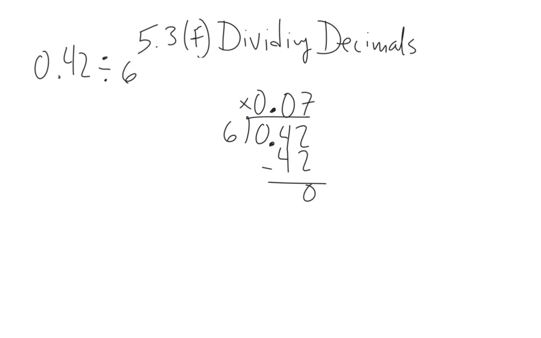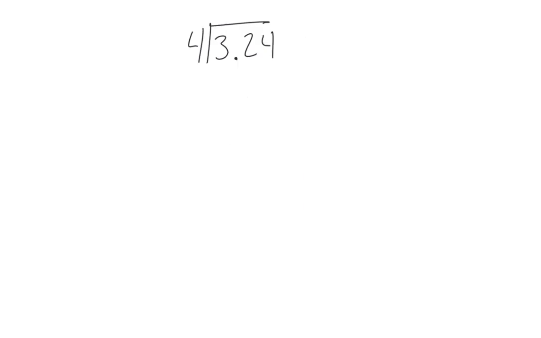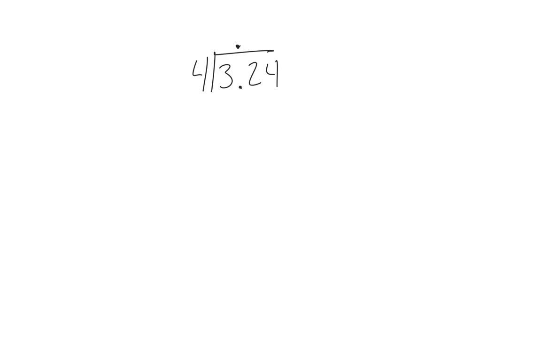Alright, let's go ahead and look at another example. Okay guys, now we're looking at a bit of a bigger number. So I know my first step whenever I'm dividing decimals is, remember, place my decimal where it needs to go.